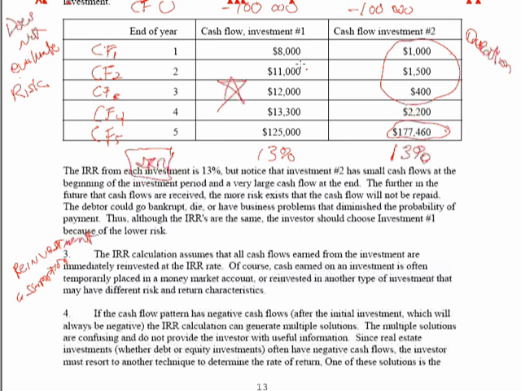So that's a bit of a problem. But there's something we could do to try to solve it, and that's the modified internal rate of return, or the MIRR. And we'll talk about that next.